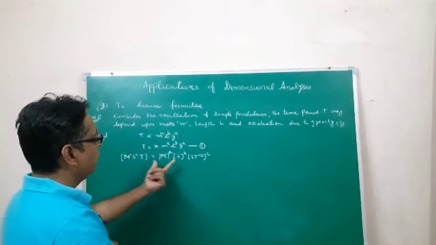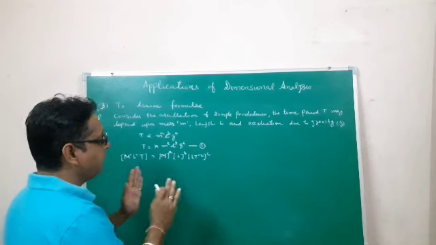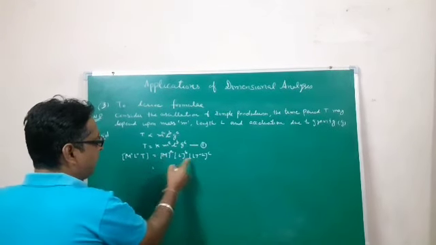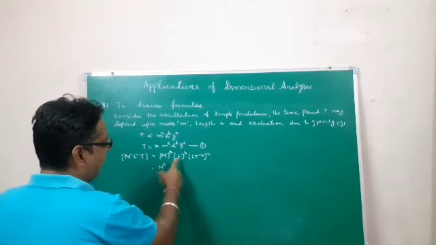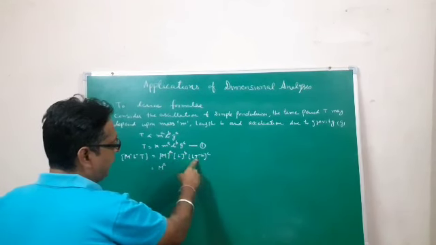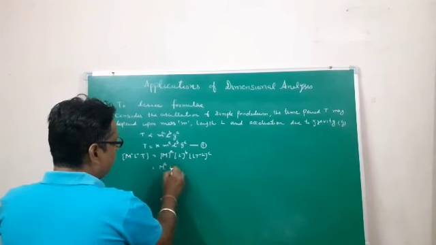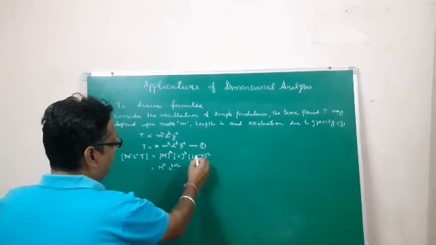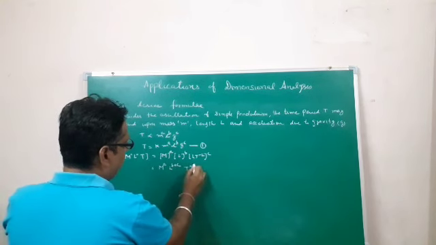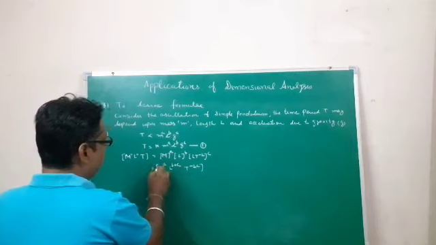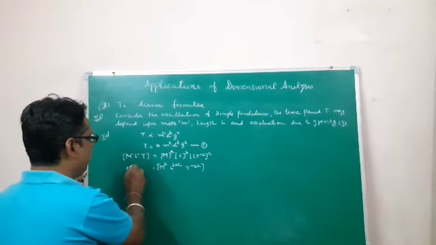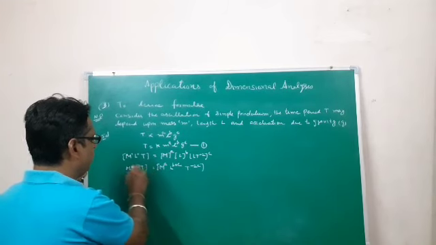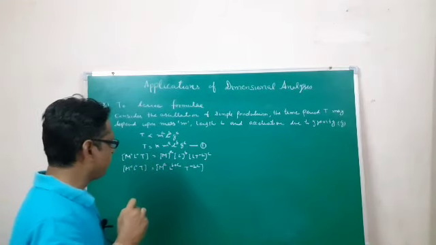Now what I am to do? I am to collect the similar terms. M has only one term, so this is M raised to power a. L has b, and here L has c, so what I will get is L raised to b plus c, right? Now time T, this is T minus 2c. So this is the dimension on right hand side. Now just see M0, L0, T, right?